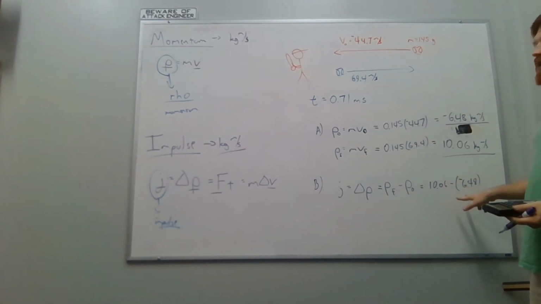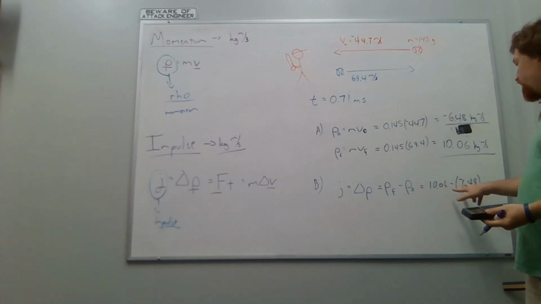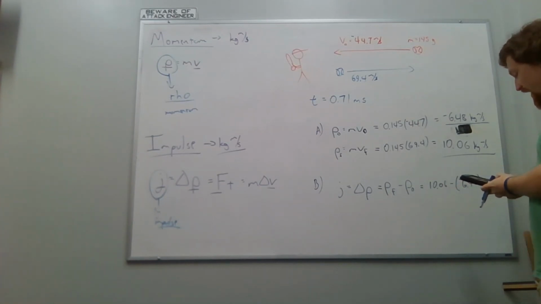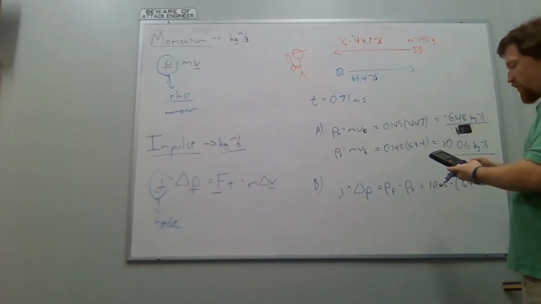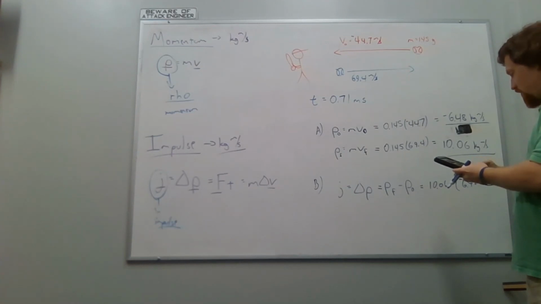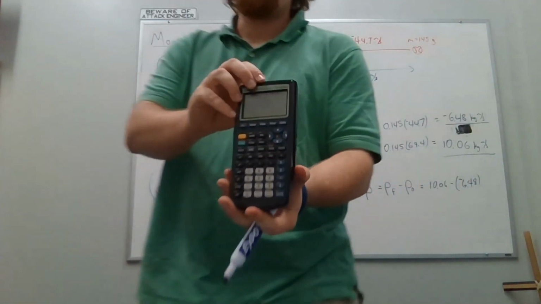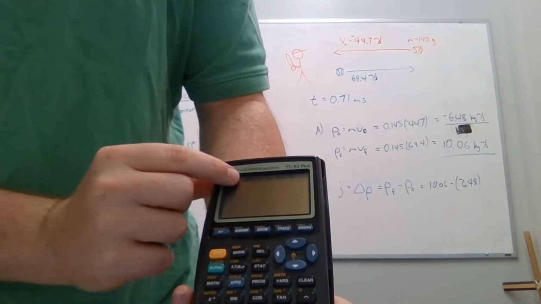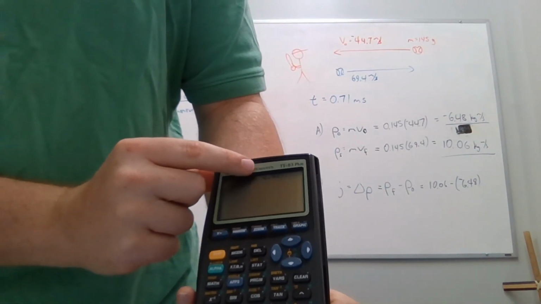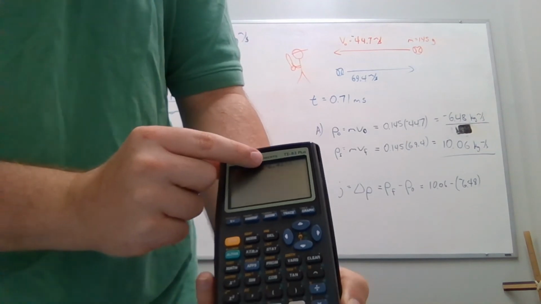Those negatives are actually going to cancel out, and as a result, when we add them together, and I'm going to show you how I put this in my calculator, you have 10.06 minus, open parentheses, negative 6.48.